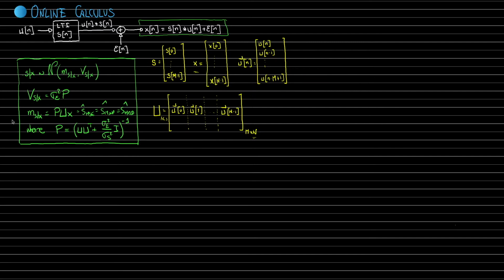From the memory point of view, this is problematic because we need to store the whole signal and the whole matrix capital U at every iteration. And also we need to compute a matrix inversion at every iteration. The computational cost of inverting a matrix with dimension capital M is proportional to the cube of the matrix dimension.